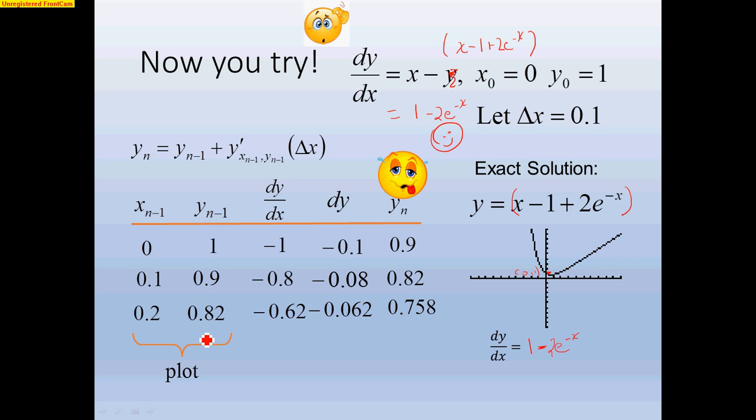You plug in the derivative and the dx, and it will generate all these values for you. But these are going to be for AP. They're going to be on the non-calculator part, so the numbers will be easy. They will give you a delta x, and they'll tell you how many times to run through it. Or even if it is on a calculator portion, they're going to expect to see all this work. And they're only going to have you run through it a couple of times.